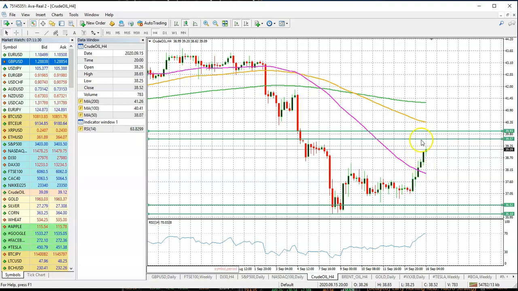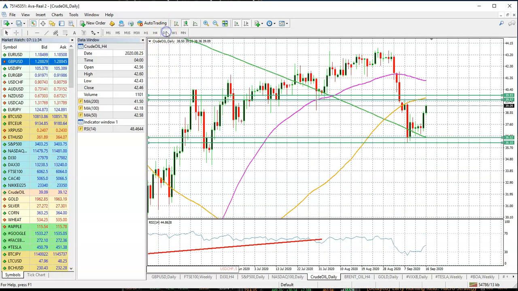But right now the price is going to continue to move. From a trading perspective, if you are trading from a daily time frame, then you want to put your stop losses just above that 100-day moving average and then wait to see how the price reacts. But if the price breaks above the 100-day moving average and stays above that, put your stop losses below that 100-day moving average.